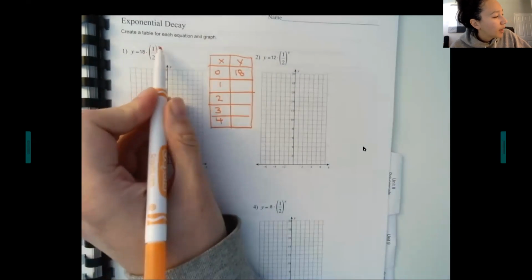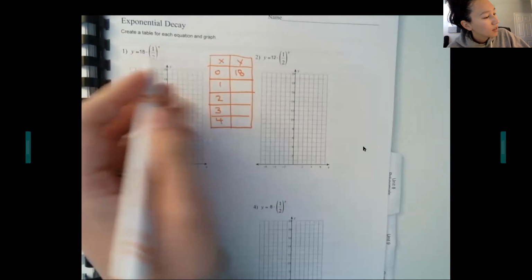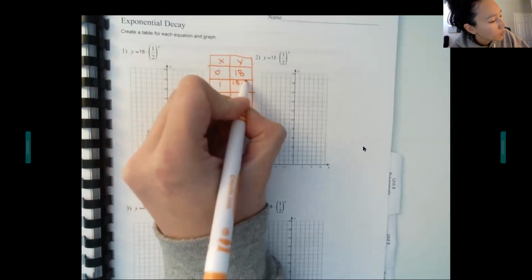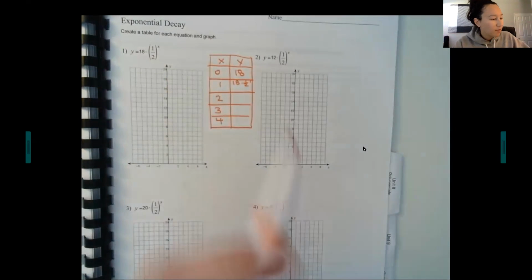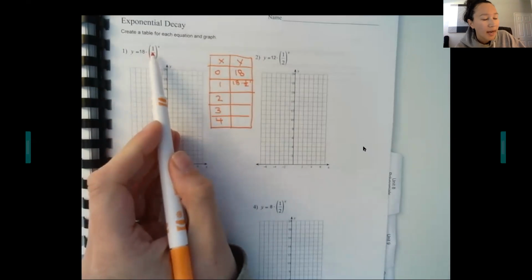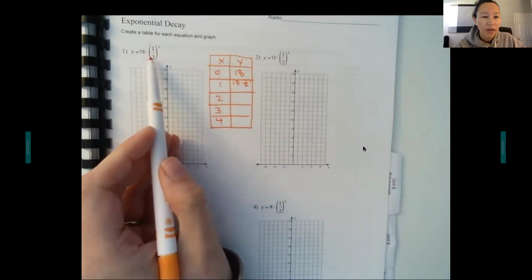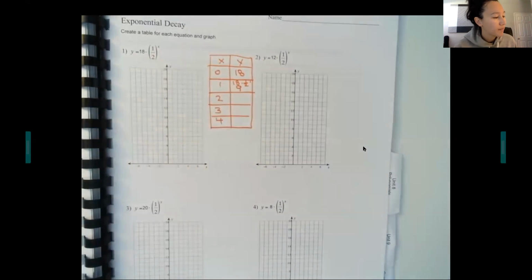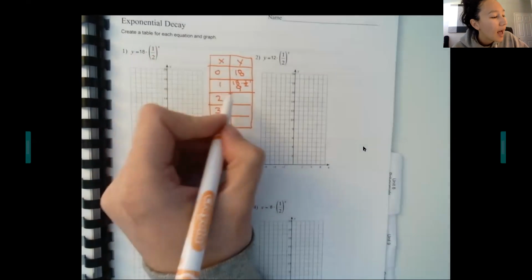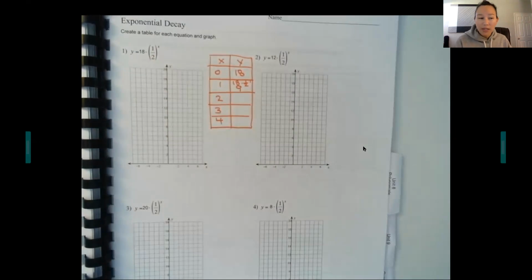And then we need to plug in 1 for x, so that equals 18 times 1/2 to the first power. Do we really have to do that for each one? We know that we're just cutting it in half. So rather than doing all that work, we'll just say, what's half of 18? Well, that would be 9. And then what's half of 9? So each time we just divide by 2, just like we said in our double bubble, we're either multiplying or dividing.